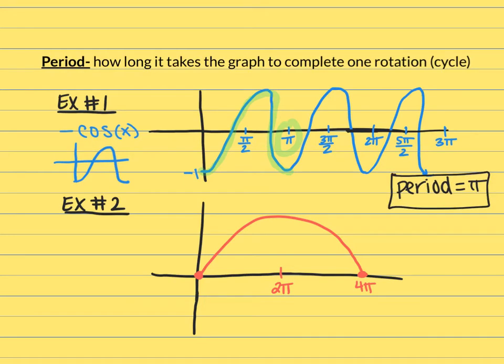All right, let's look at example number 2. So example number 2, it starts at the origin, so you should be thinking sine, and it goes up first. So this is a graph of sine of x. So we need to know what 1 full rotation of sine looks like. Again, start at the origin, go up, down, and back up again. So we don't have that, right? We only have from here to here. That's half of a cycle, right?